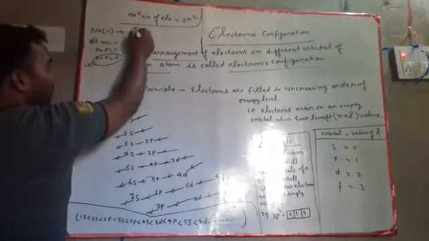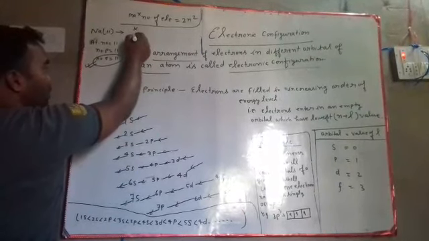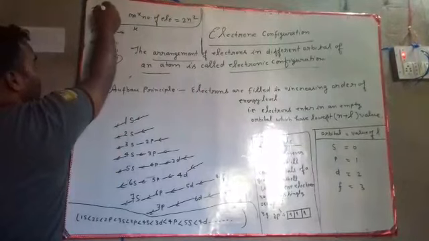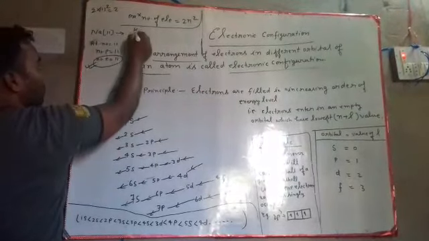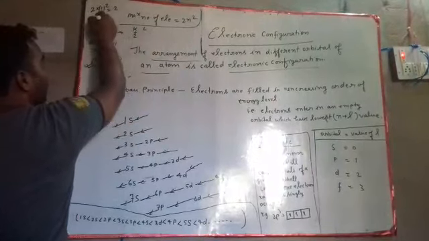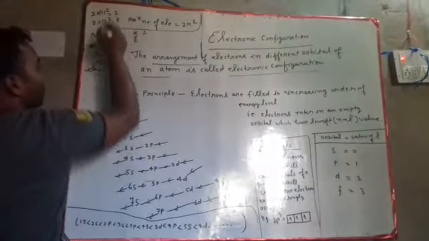First orbit K. So how many electrons will reside in the K orbit? The formula you can write is 2 into 1 square, that is 2. First orbit 2 electrons, and the second orbit will be how much? 2 into 2 square, that is 8 electrons.